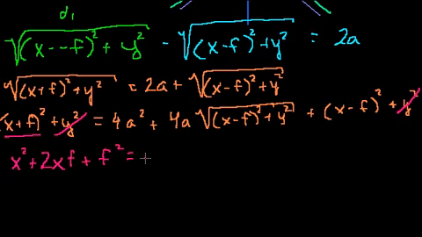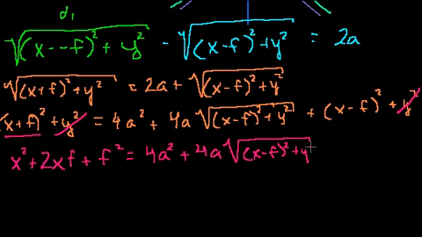And then that is equal to 4a squared plus 4a times the square root of, well, let me just write it, (x minus f) squared plus y squared. And then multiply this out. Plus x squared minus 2xf plus f squared.